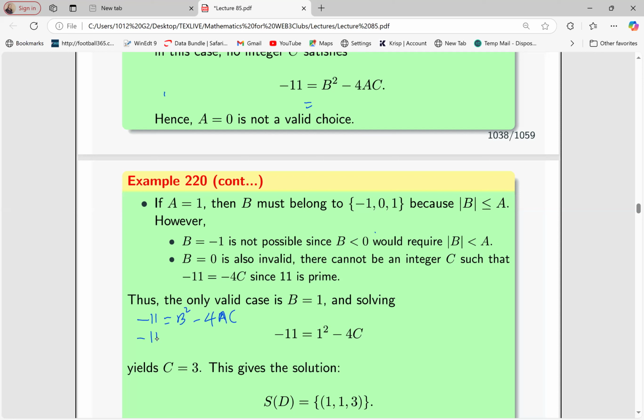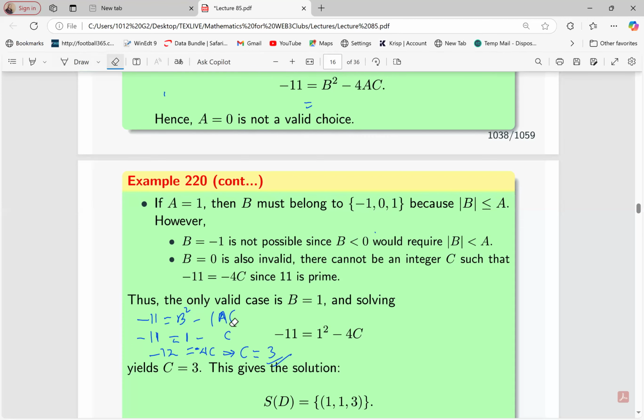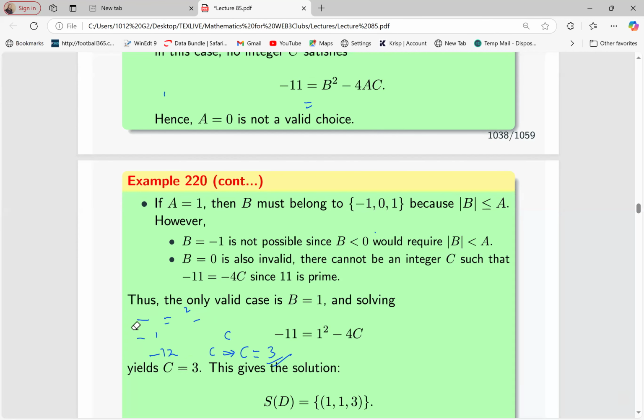So negative 11, if B is 1, this will be 1 square, which is 1, then minus 4C. So this one crosses to the other side, it becomes negative 12 is equal to negative 4C, which means that C is 3. So C can be obtained if B is 1.